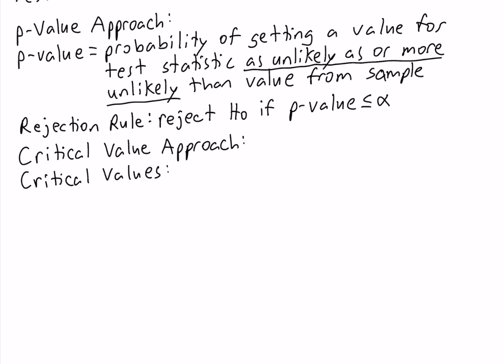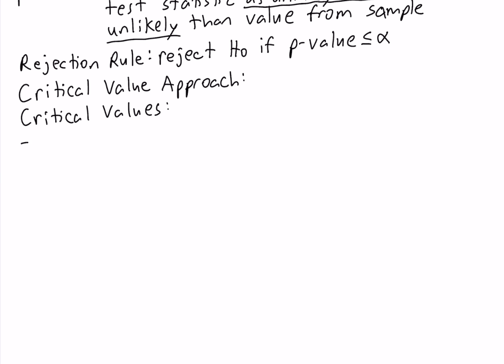And our 2 critical values are going to be negative t alpha half and positive t alpha half. Negative t alpha half is going to be the value of the test statistic.